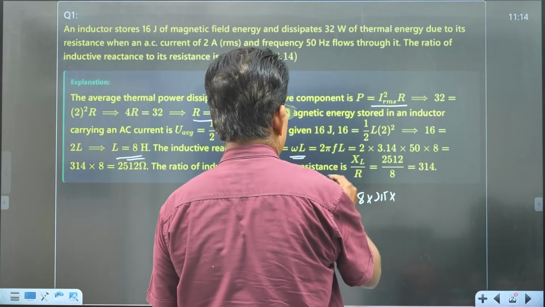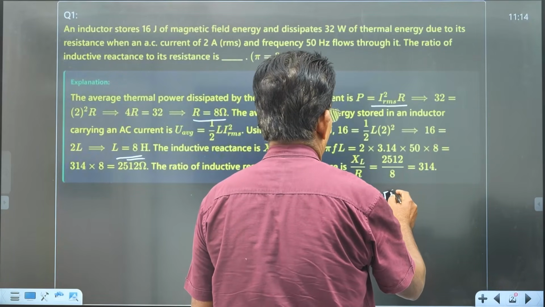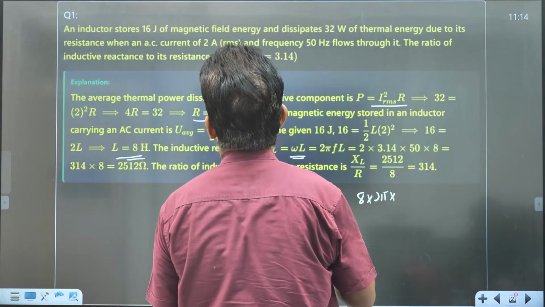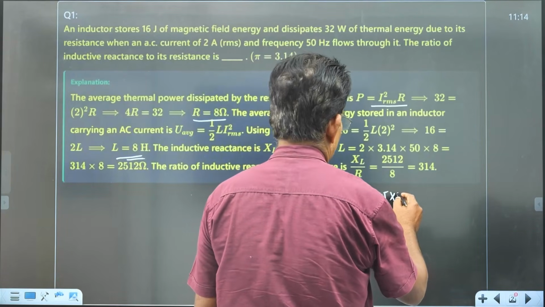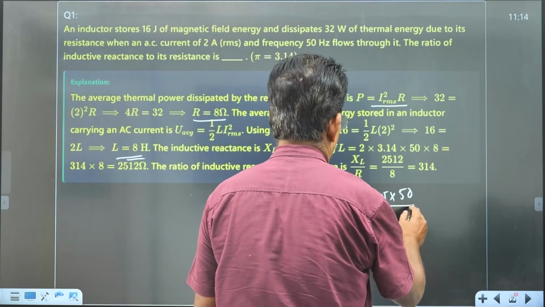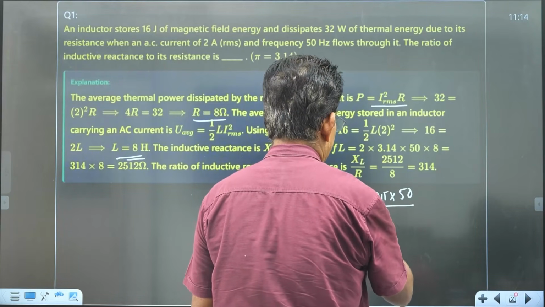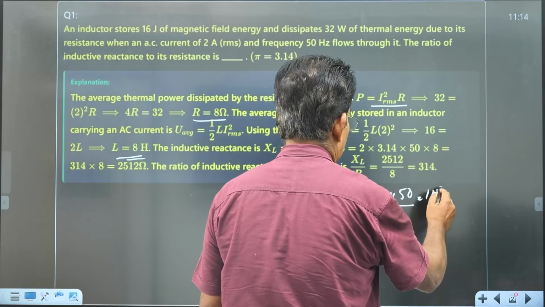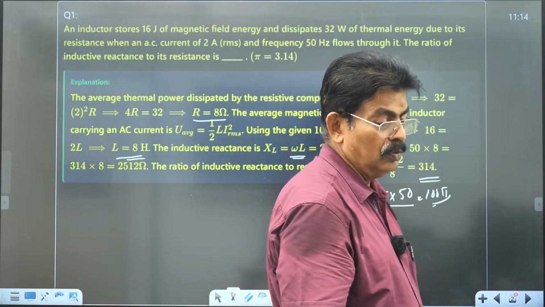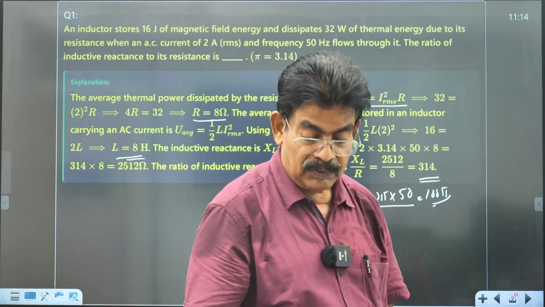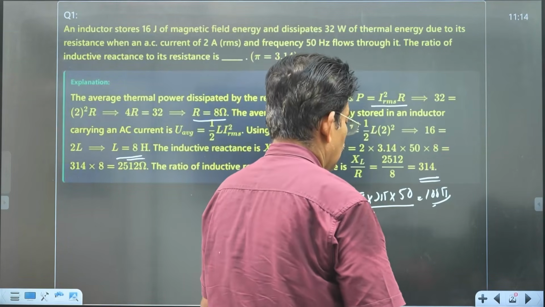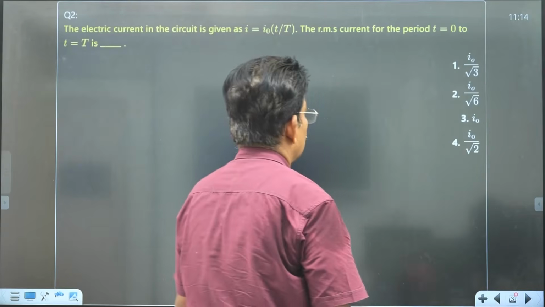Frequency is given here, 50 hertz. Therefore, 2 pi into 50 divided by R, which is 8. The 8 gets cancelled. 100 pi, which is 314. So your answer is 314. Come on, we go to the next question.